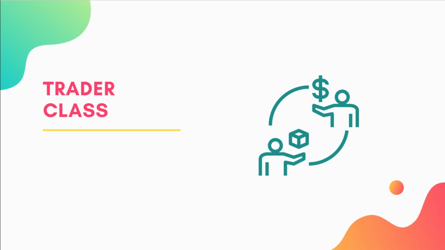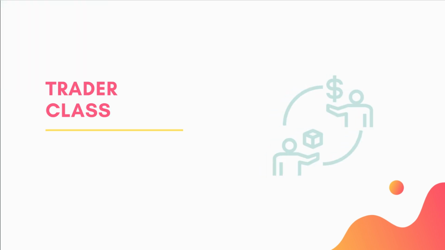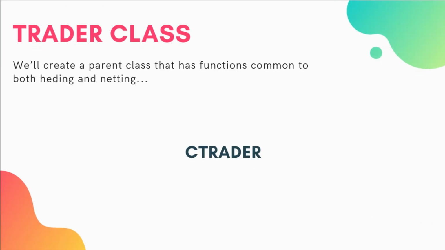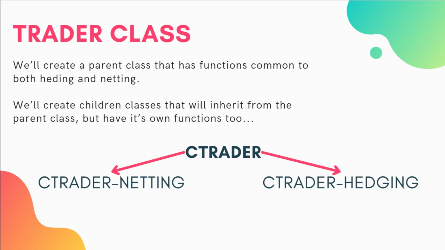So we're looking at a trader class. We're going to create a class called trader, and that's going to open and close the trades for us, and we're going to build on that. So the class is going to be called CTrader, not to be confused with cTrader if you know the other platform. But CTrader in this sense is going to be our class, C for class, and then trader is going to be the name of it. We're then going to create two child classes from our parent CTrader class.